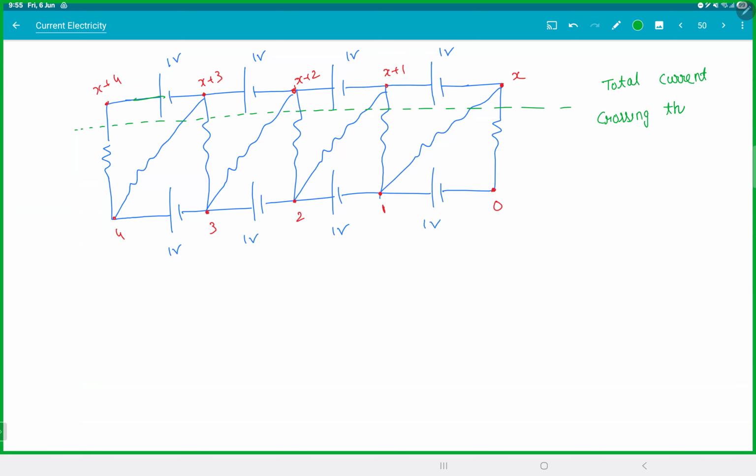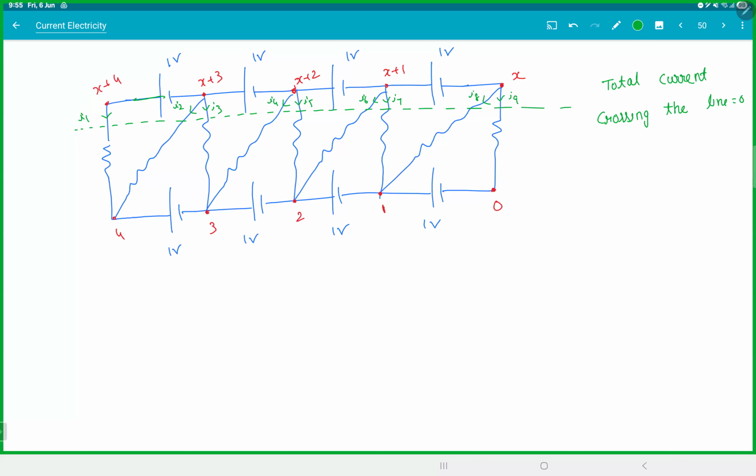So some currents are going down, some currents are coming up. Net will be 0. That means this current I1, this current I2, I3, I4, I5, 6, 7, 8, 9.